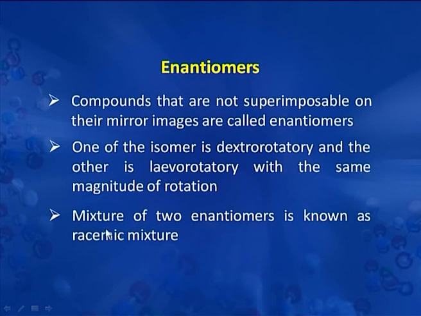Now, what will happen if we take a mixture of two enantiomers? A mixture of two enantiomers in the same ratio is known as a racemic mixture. A racemic mixture will be optically inactive. That is, when we put a 50-50 ratio of two enantiomers in a polarimeter, the net resultant will be 0.